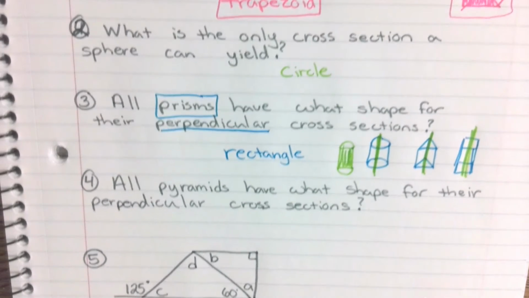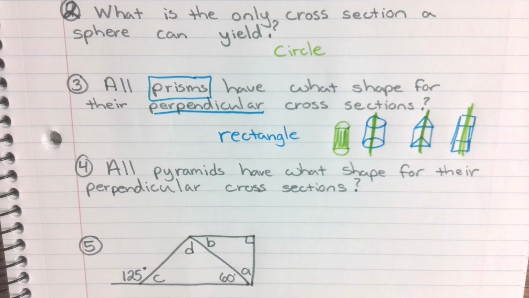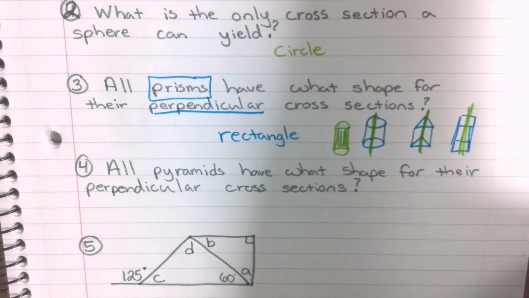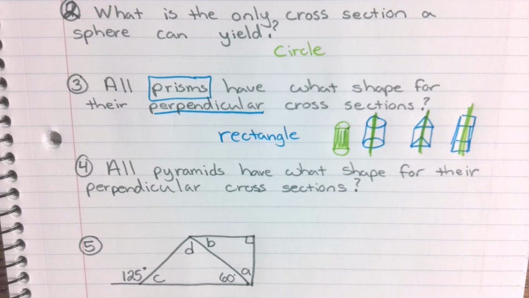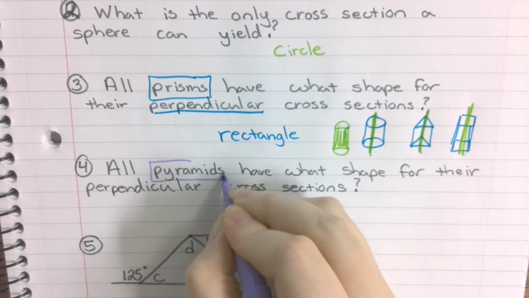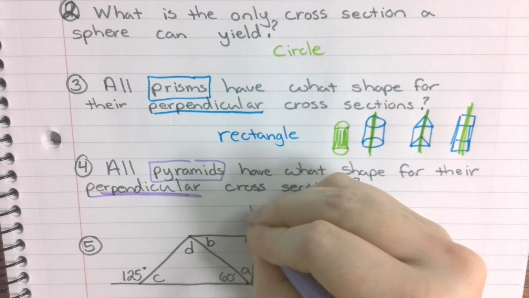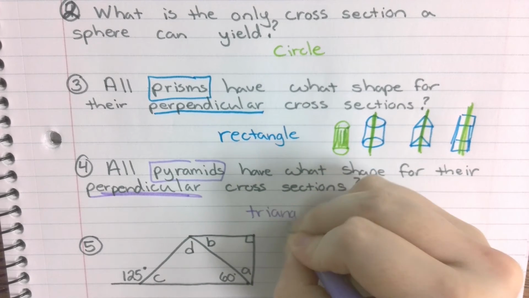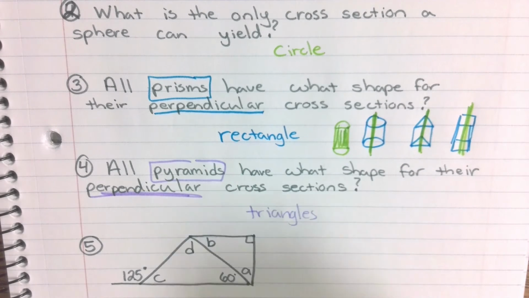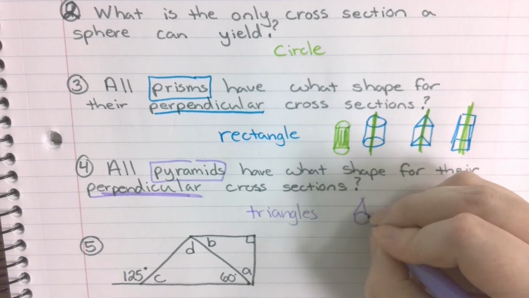For number 4, all pyramids have what shape for their perpendicular cross sections? What are they, guys? Triangles. If it is a pyramid and it is a perpendicular cross section, you're going to get nothing but triangles. Again, a cone is somewhat similar to a pyramid.